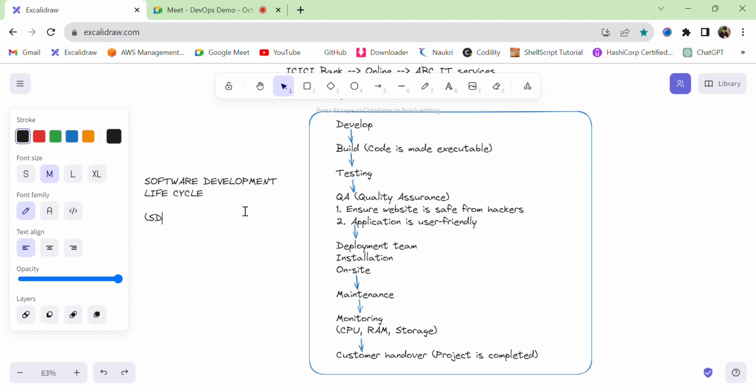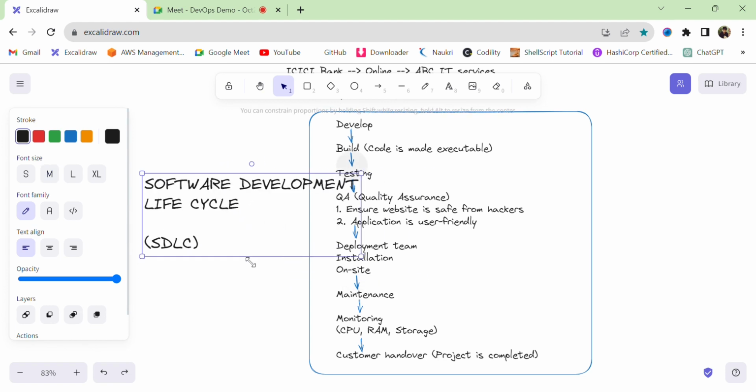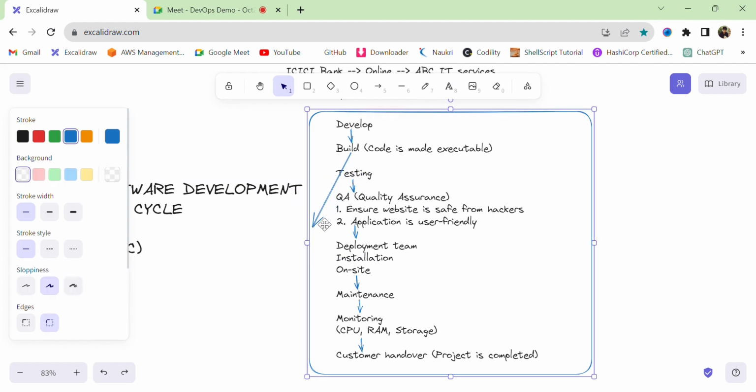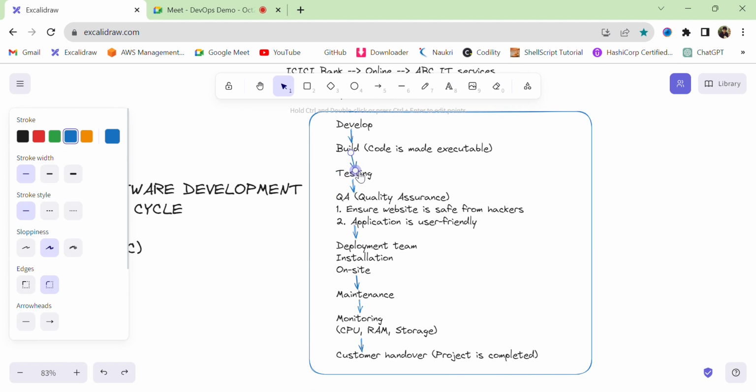In short, it is written as SDLC. So all the processes that I have shown over here come under SDLC, or software development lifecycle.